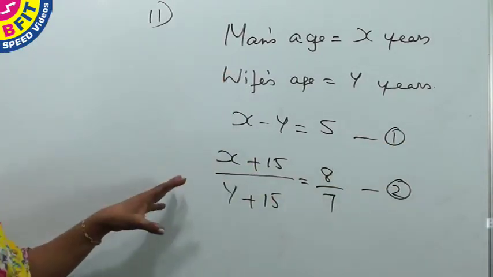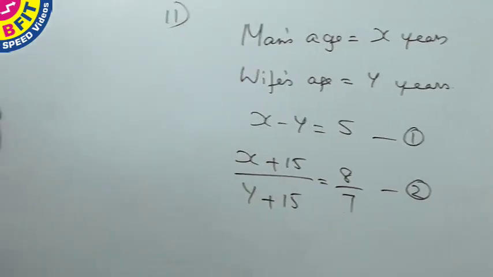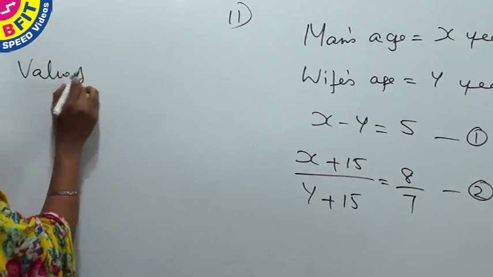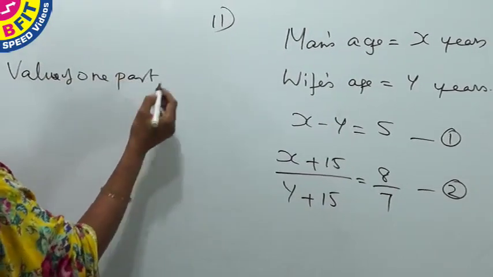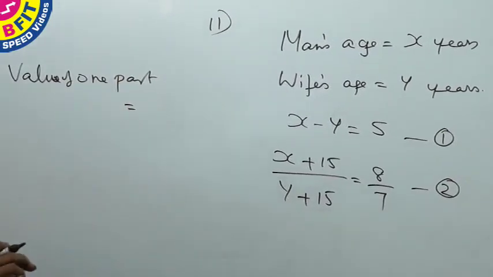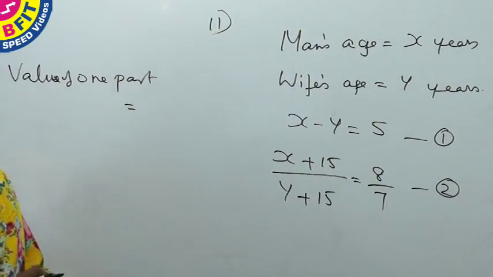But instead of expanding and solving all this, we know that the value of one part, when the sum or difference is given, is found by dividing it by the sum of ratios or the difference in ratios.